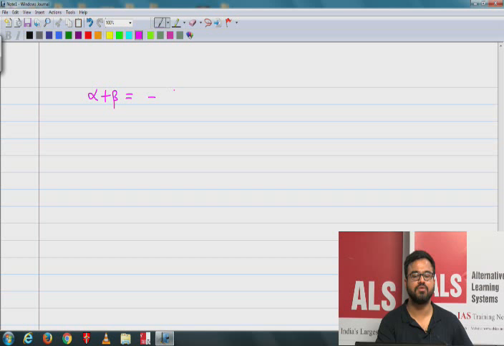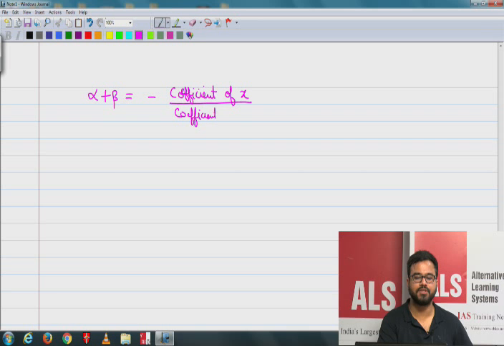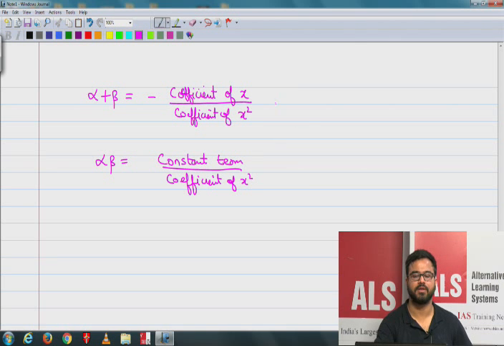So in place of b, you can write minus coefficient of x divided by coefficient of x square. This is alpha plus beta, and alpha beta is c upon a. C you can write as constant term divided by coefficient of x square. These two things you have to keep in mind.